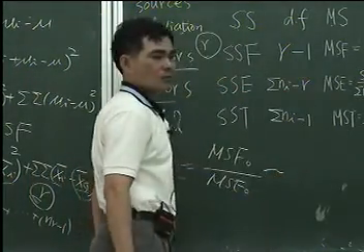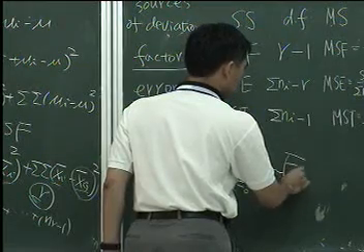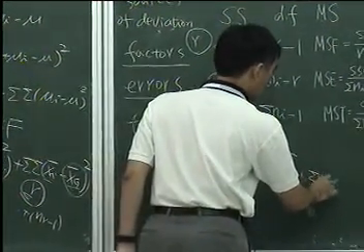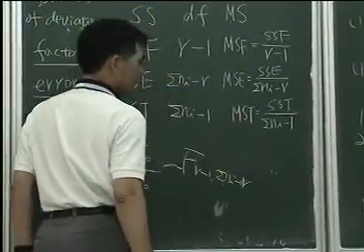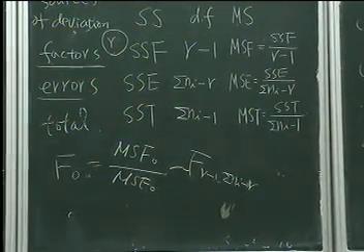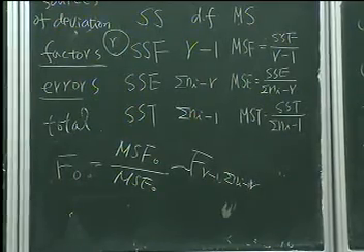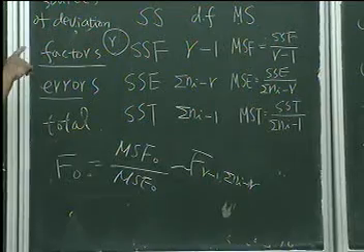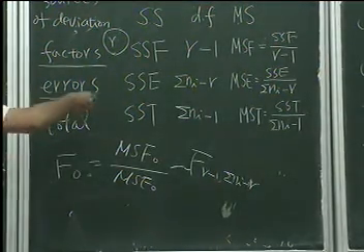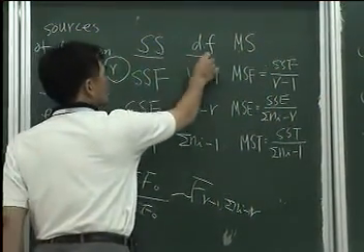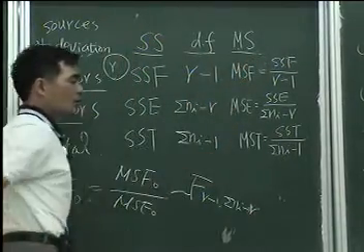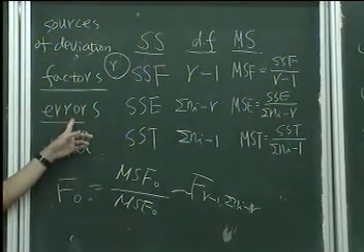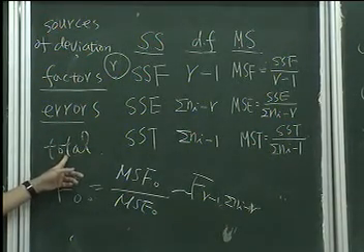And this F distribution has degrees of freedom R minus 1 and summation Ni minus R, okay? So whenever you look at the questions, you need to have this table in mind: sum of square, degrees of freedom, mean square, and the factors, errors, and the total.